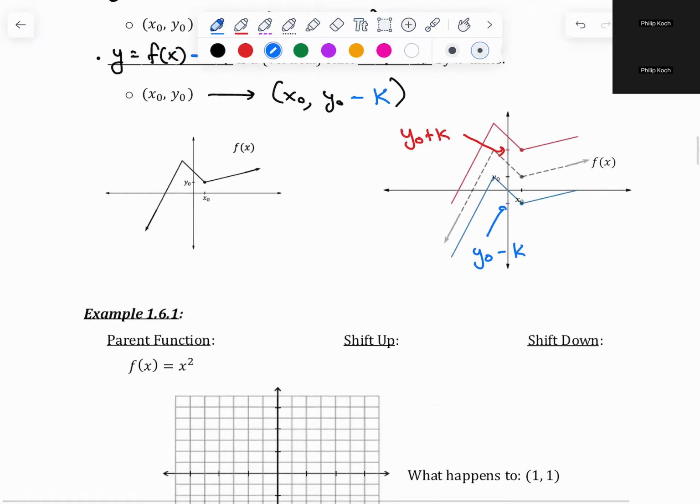So, as an example of a shift up, let's talk about y equals x squared plus 2. And the shift down, let's do y equals x squared minus 1. So the parent function we're going to draw in black.